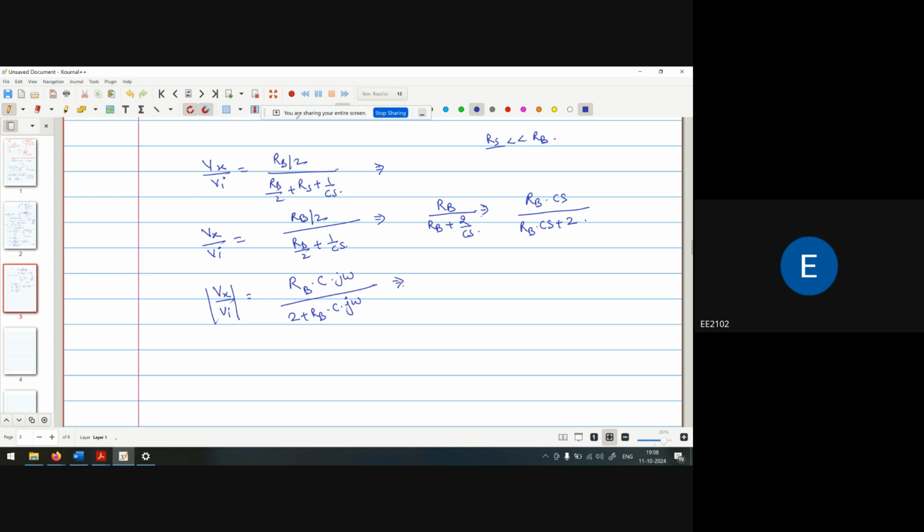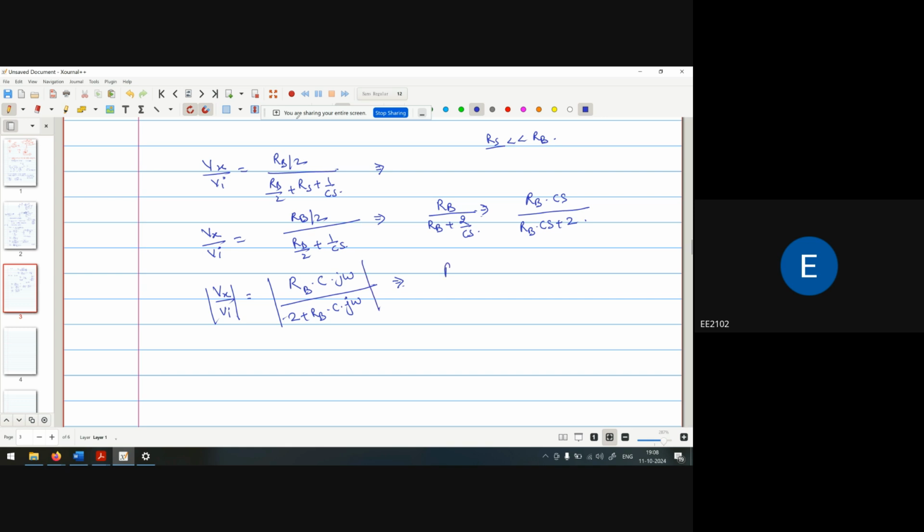Now, how do we take the magnitude of this? If it is only a real component, we can take the magnitude. If it is only an imaginary component, we can take the magnitude. If we have a complex term, a combination of real and imaginary, we take the square root of the real component square plus the imaginary component square.